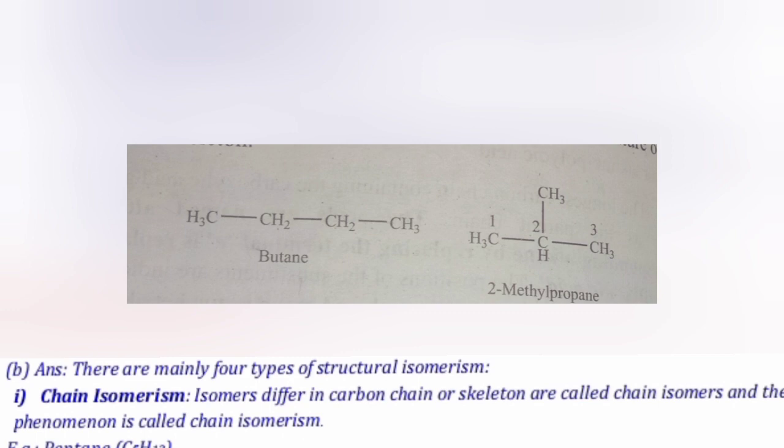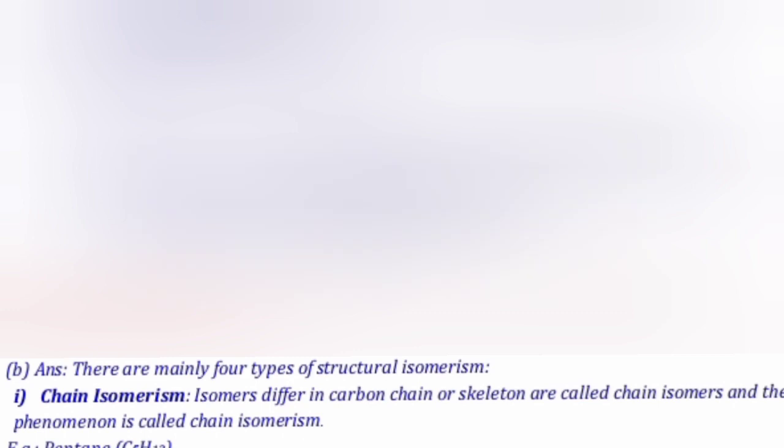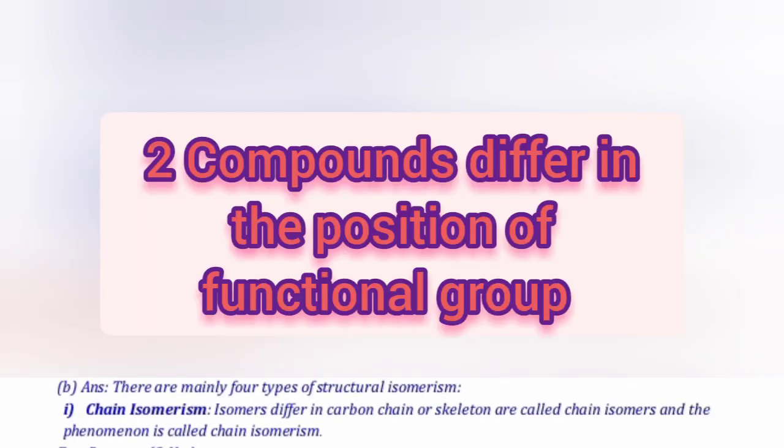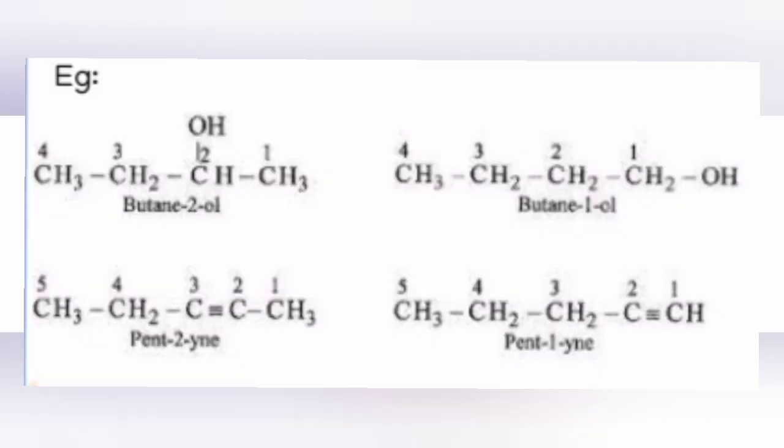Example: butane and 2-methyl propane. 2. Position isomerism. Two compounds that differ in the position of the functional group show position isomerism. Example: butan-2-ol and butan-1-ol.